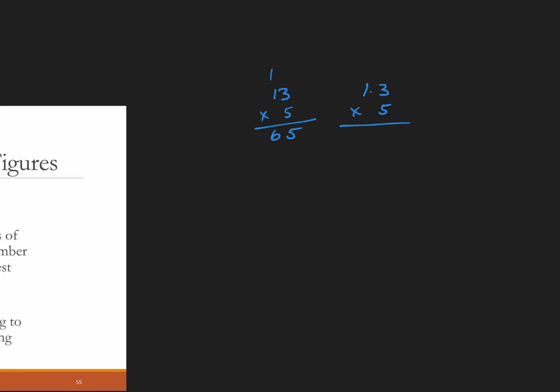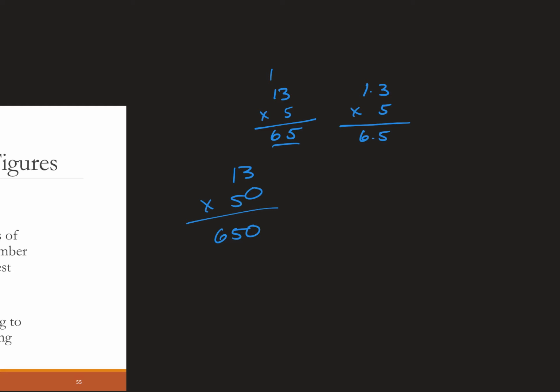Multiplying and dividing, now if I take 13 times 5, I'm going to get 65. But if I take 1.3 and I multiply it by 5, I get 6.5. If I take 13 times 50, I'm going to get 650.